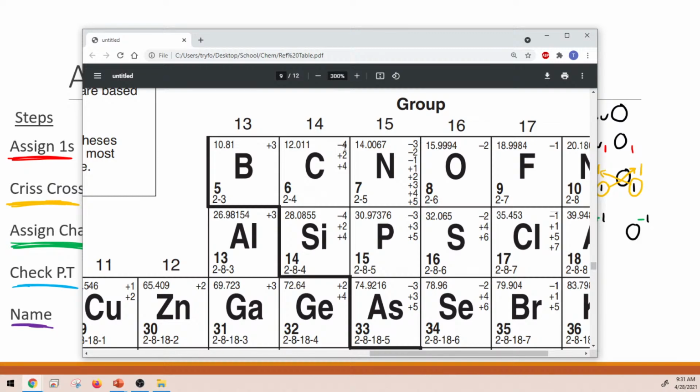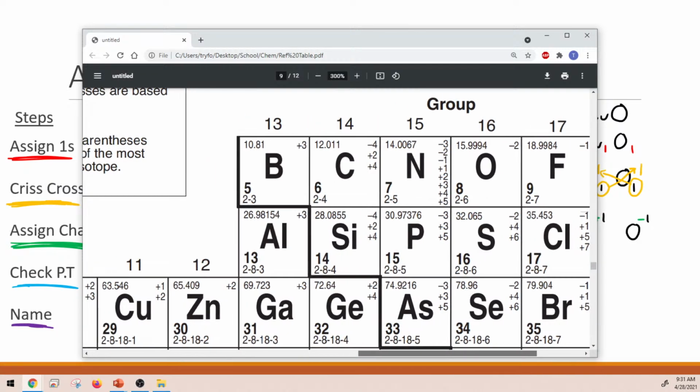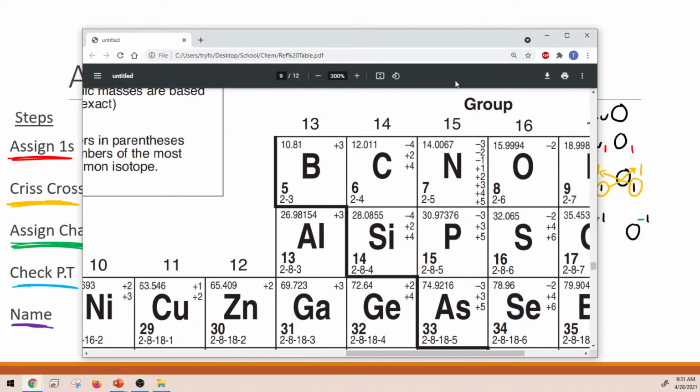Everything that has a negative oxidation state has only one negative option. And so it never comes up. But we're not talking about nitrogen right now. We're looking at copper and oxygen.